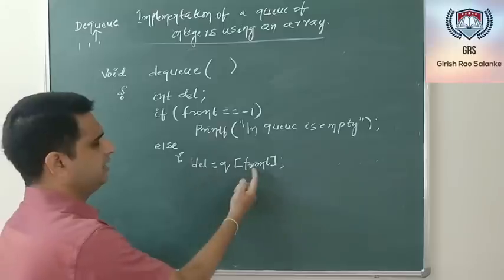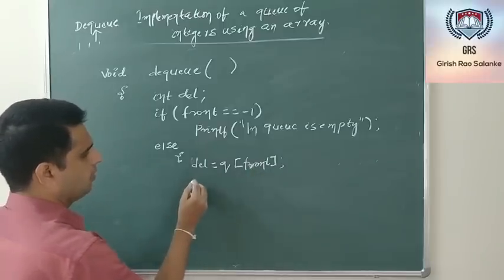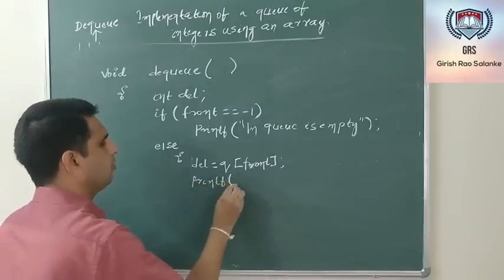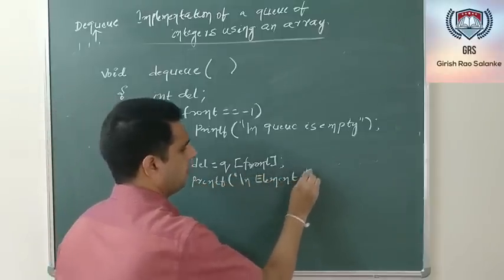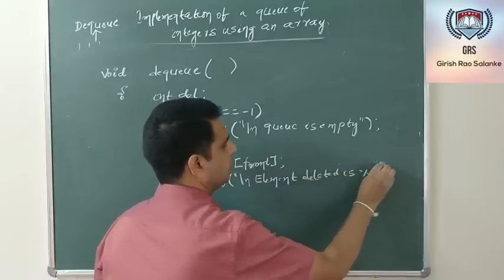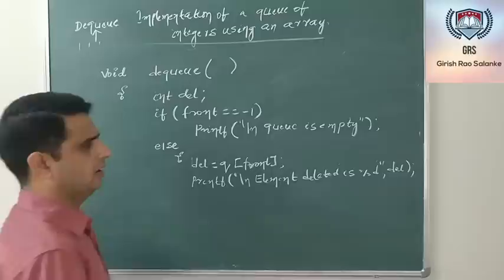The element to be deleted is the element pointed by front end. Now print this, printf element deleted is %d, which is nothing but del.